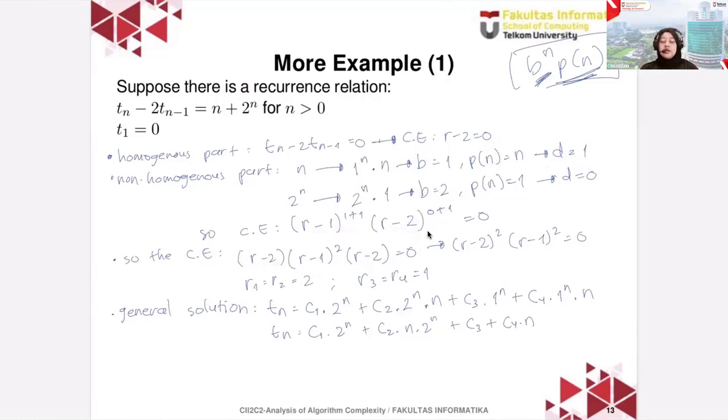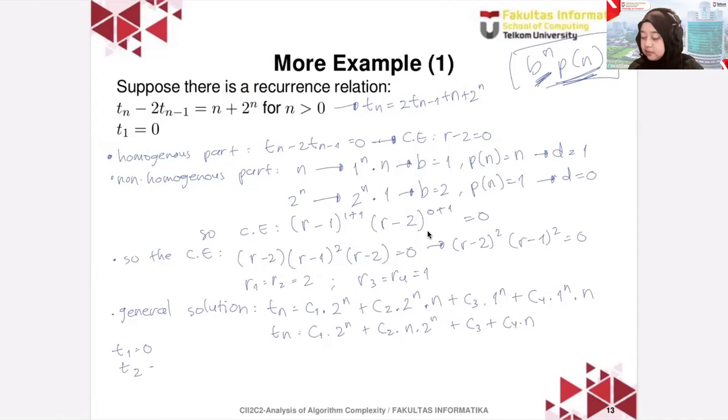And from here, we use the base case again. But we only have one base case here, and we have 4 coefficients, which means we need to find 3 more base cases. So T1 is equal to 0. For T2, from here, we know that Tn is equal to 2 Tn minus 1 plus n plus 2 to the n.